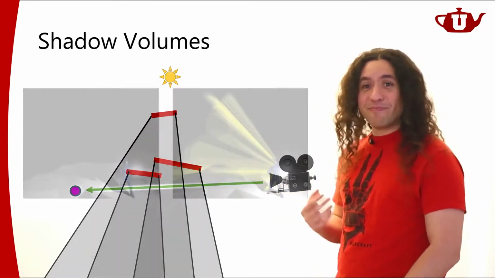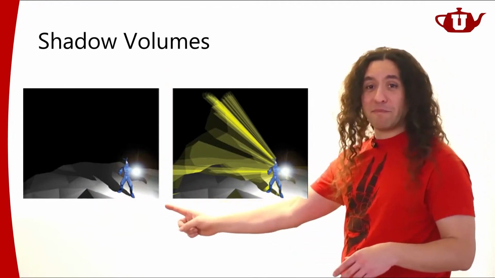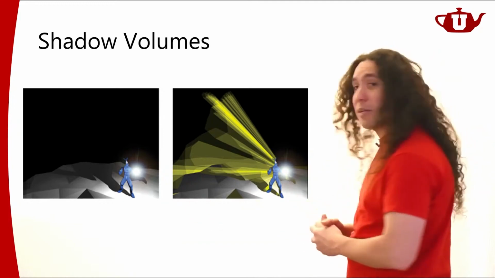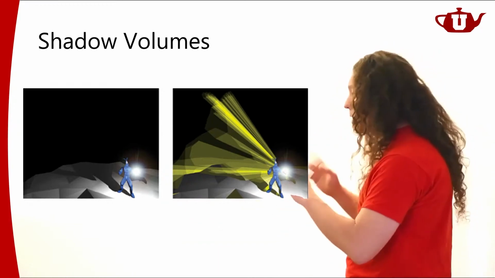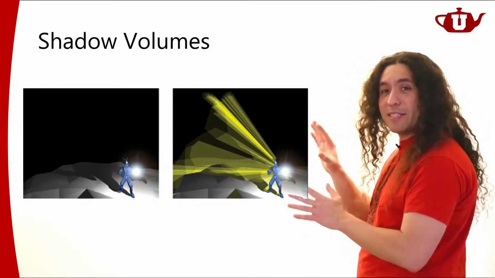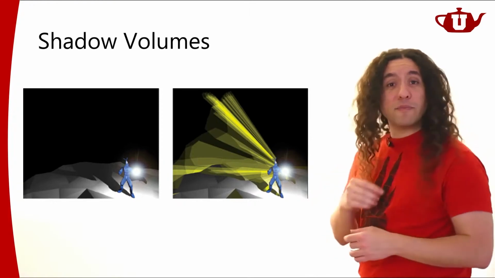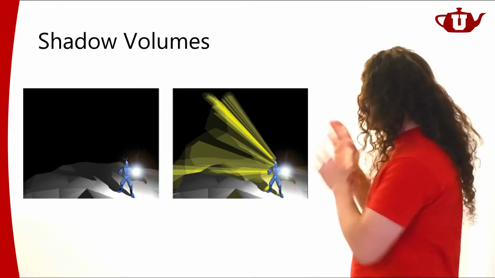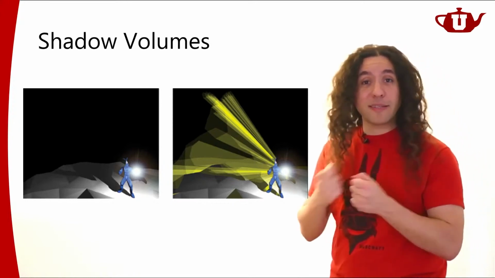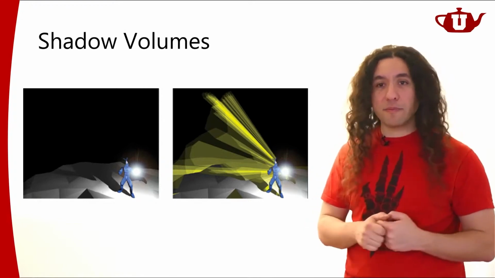So basically, this is how it works. If I have a scene like this and I'm trying to render this image, I'm going to first render it without any shadows. There are different ways of implementing it, but regardless, I'm rendering these shadow volume polygons, and for each pixel, I'm counting how many times I enter and exit a shadow volume.